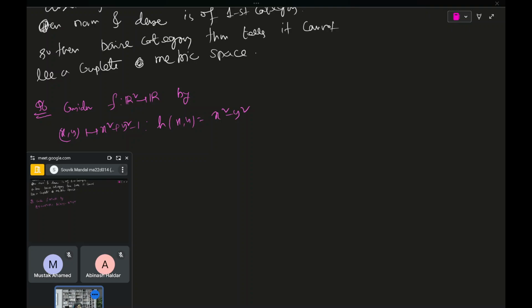Now the question is which ones are true or false. A: there exists a continuous function g from R to R such that f of (x, g(x)) equals 0.